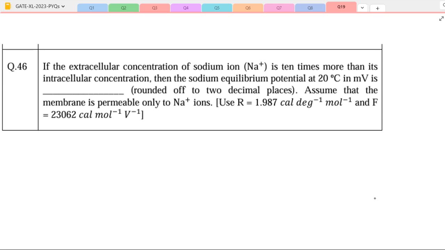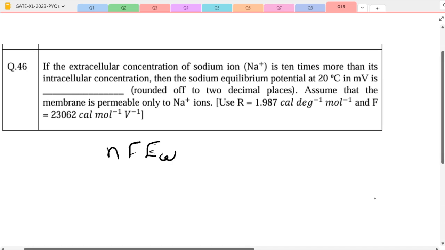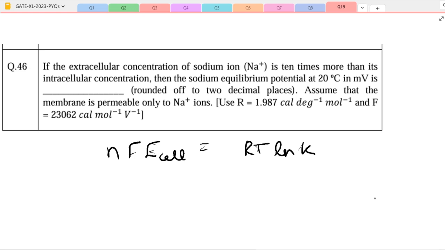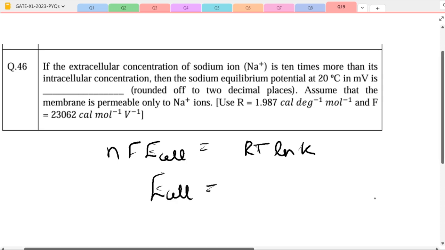Okay, so here we use what is called the Nernst equation, which says that nF E cell is equal to RT ln K. So here E cell is the equilibrium potential, F is the Faraday's constant, n is the number of electrons, R is the universal gas constant, T is the temperature, and K is the equilibrium constant. So here we need to find E cell. So E cell here is RT by nF into ln K.